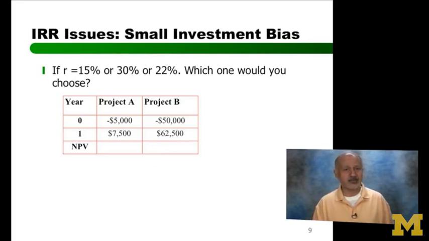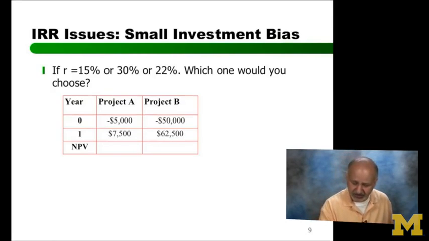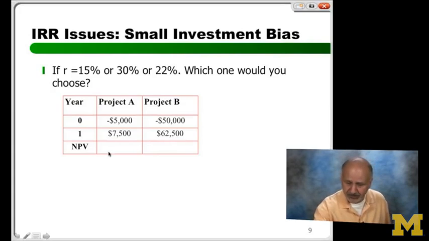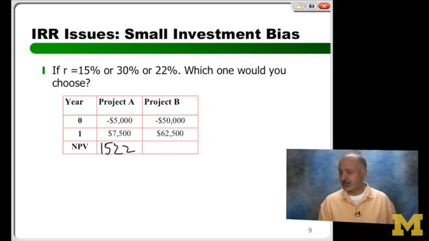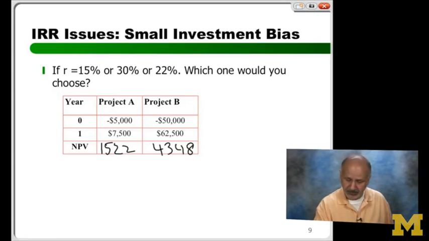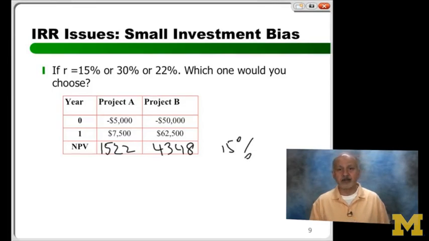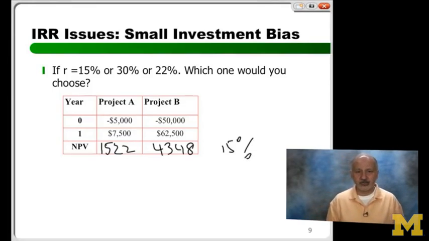I would encourage you to do them because these are very simple one-period problems we did a while ago. Let me just write out the numbers. 15, 22, and let these be in million. 43, 48, at which return? 15%. So which one will you choose?